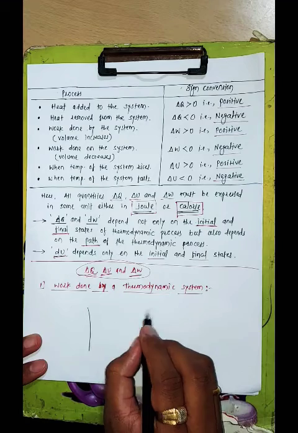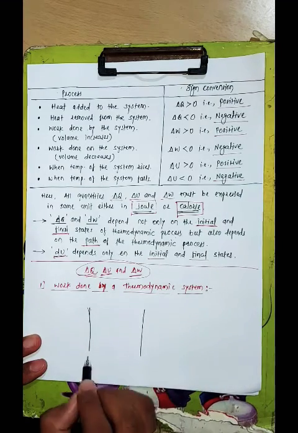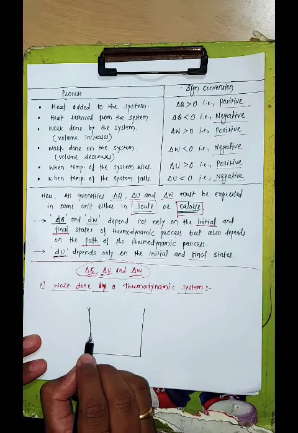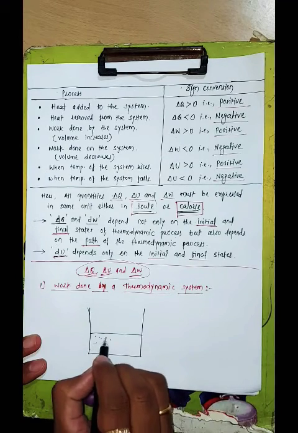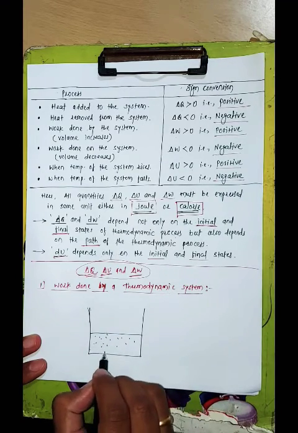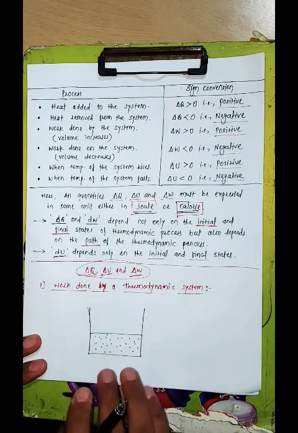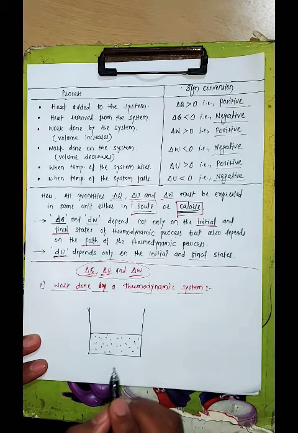सो आपण एक कन्सिडर करूयात की दिस विल बी अ सिलेंडर and in that cylinder the gas is confined. Okay, so this is the gas molecules. Okay, so gas is confined in the cylinder with a movable piston.